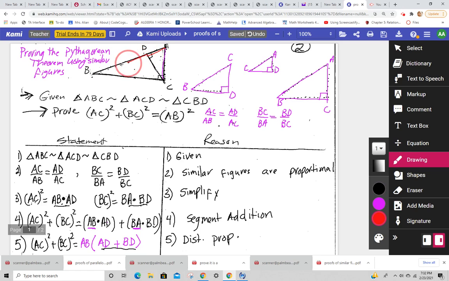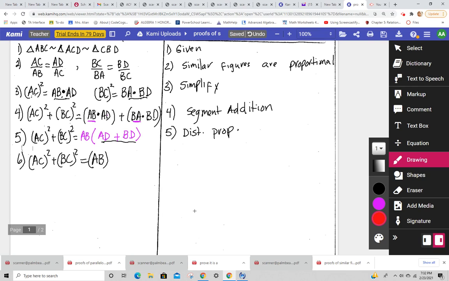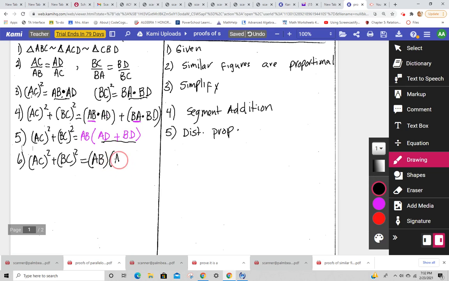Isn't that all of BA? So can't we just say AD plus BD is really AB? We can replace it with AB. So AD plus BD is the same thing as AB. This is substitution.